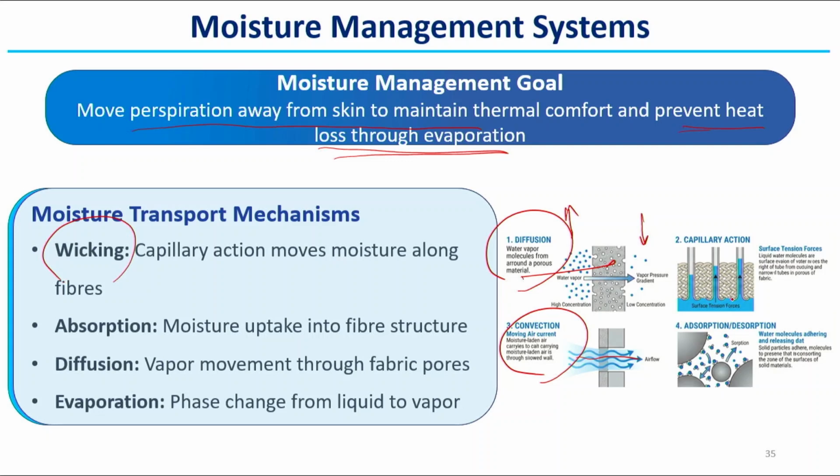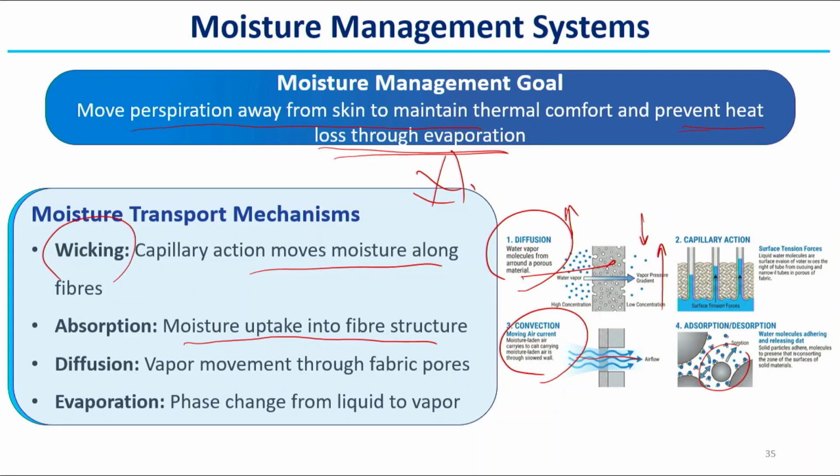Now, you can see the moisture transport mechanisms. Wicking is one mechanism, for liquid moisture. In the case of sweat, the liquid moisture moves through the fiber structure due to capillary action. Absorption is the moisture uptake into the fiber structure, between the pores.